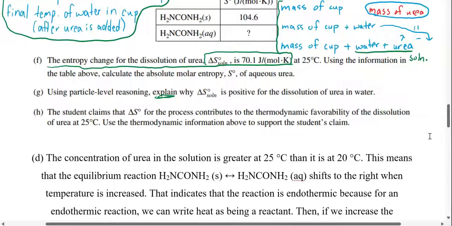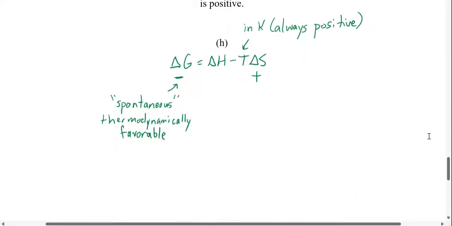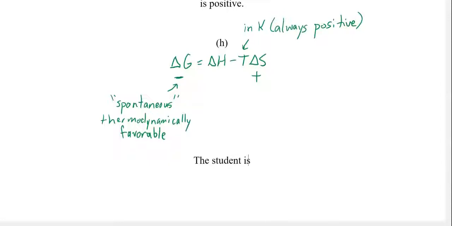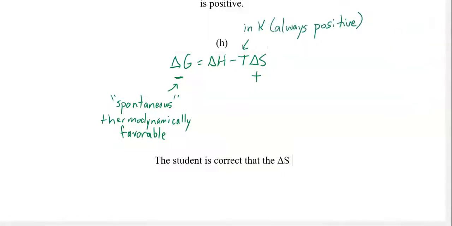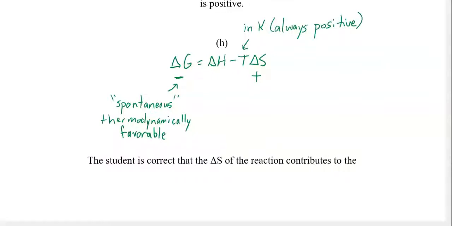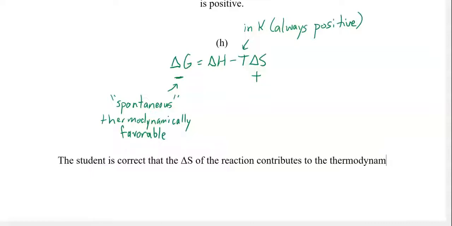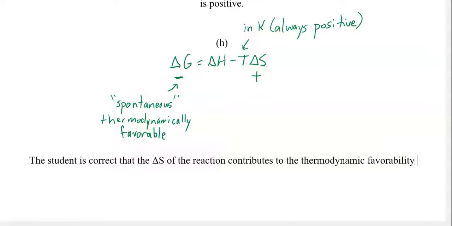I would say the student is correct that the delta S of the reaction contributes to the thermodynamic favorability of the reaction because the delta S of the reaction is positive.